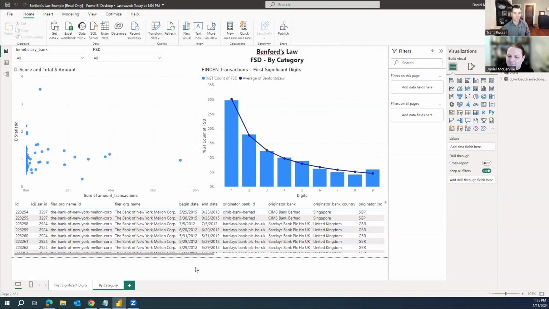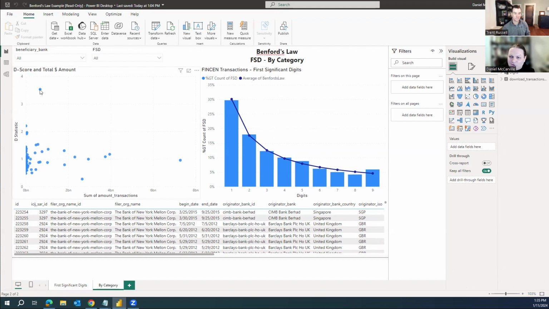It would filter automatically. There's a whole bunch of these different scores you can calculate. I think the most common one is probably chi-square. I'm a big fan of the D-score. Nick Green talks day and night about his MAD score. Doesn't matter which score we use. Just know that there's some out there. And so what I plotted here is the dollar amount of all the transactions, and then up and down, how close are you to Benford's law? If you're way up here at the top, you don't follow Benford's law at all.